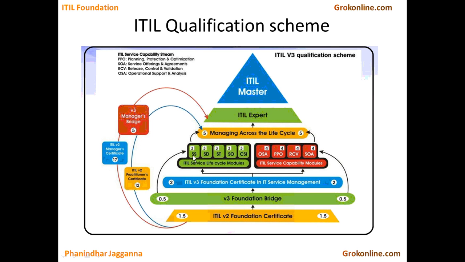SS indicates service strategy, followed by service design, service transition, service operation and continual service improvement. So there are 5 exams at the service life cycle level, and 4 exams at the capability level.